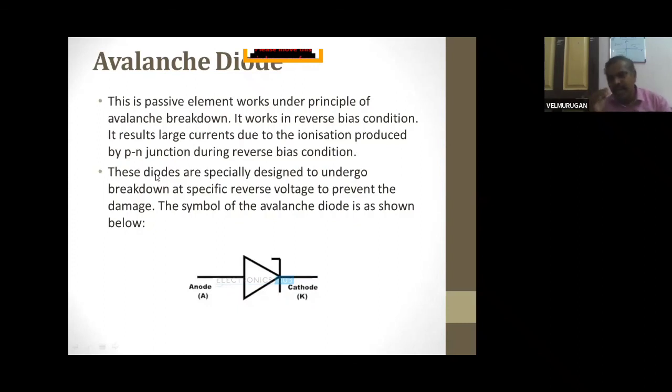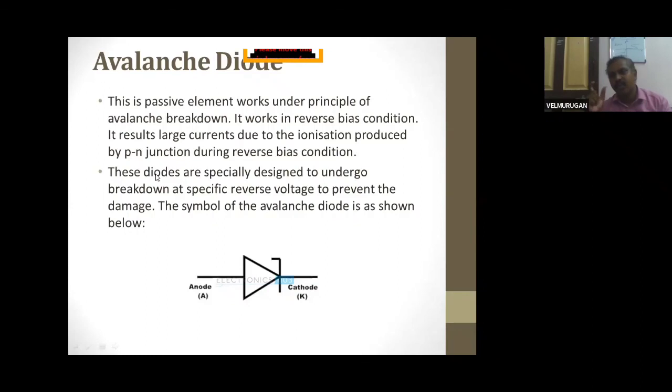In this avalanche diode, what is happening? It operates under reverse bias conditions. Beyond the limit, it automatically discharges the current to ground, so your equipment is safe, and after that it continues in forward bias. This is called the avalanche diode, and the concept is avalanche breakdown.